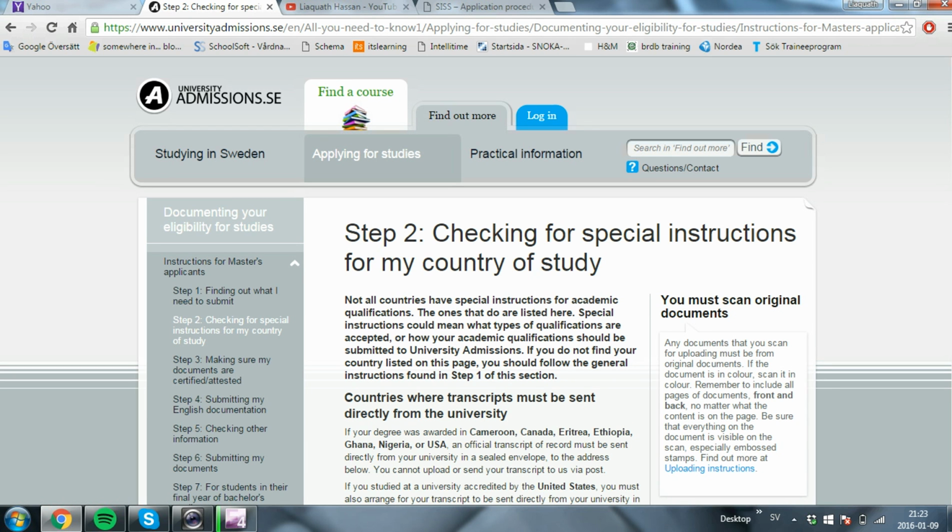For example, Stockholm University requires you to have 15 credits in biology. In that case, you may say, okay, but I have 12 credits in biology in my bachelor. Yeah, but it's okay, because that 15 credit is ECTS. Then you have to do some mathematics: 15 credits is how much out of 180?